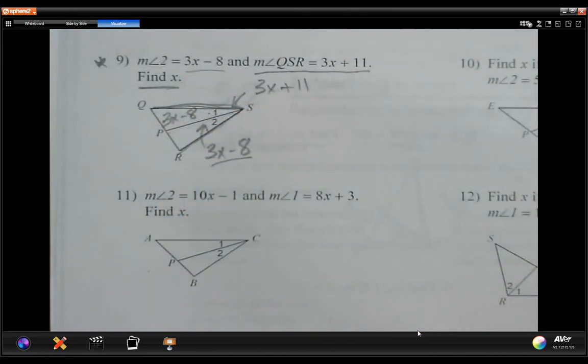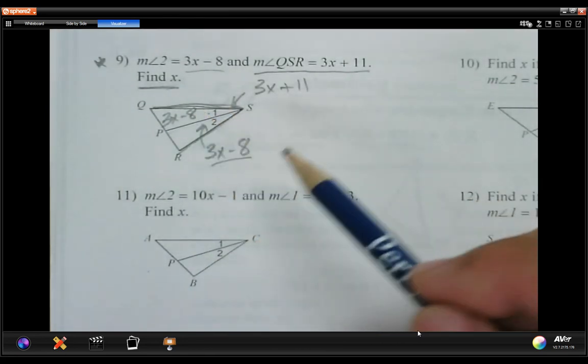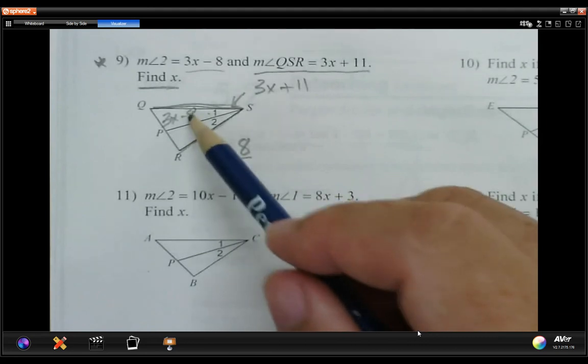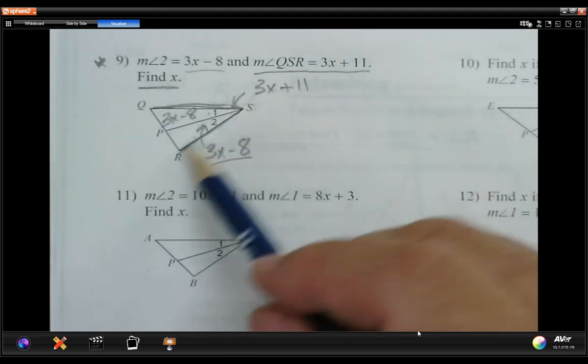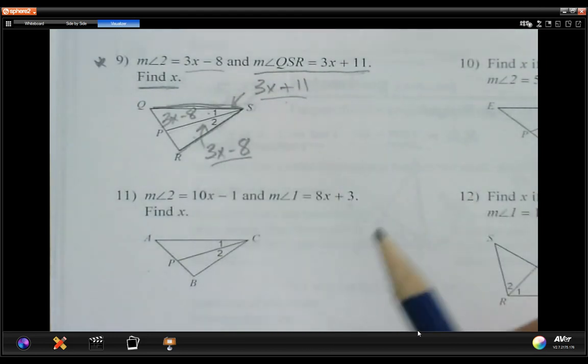Now, I've got two different ways I could look at this, okay? And I guess I'm going to take the path of least resistance here. So what I'm really saying is if angle 1 is 3x minus 8 and angle 2 is also 3x minus 8, if I add those two angles together, it should equal the whole, right? Which we know the whole is already telling us is 3x plus 11.